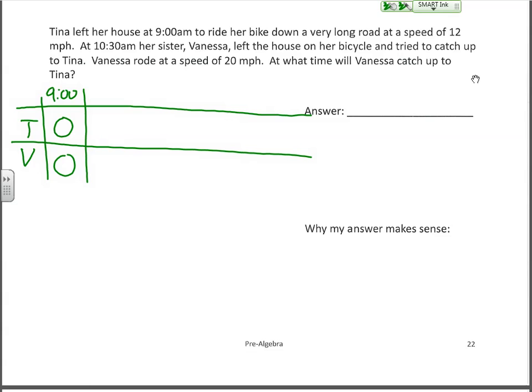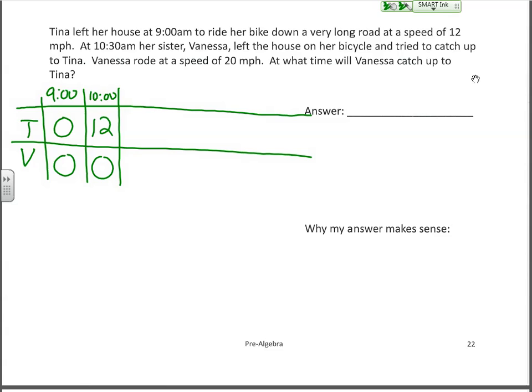But then at 10 a.m., how far has Tina gone? Well, if she's going at a speed of 12 miles per hour, again, we just got done talking about rates, then in that hour from 9 to 10, she went 12 miles. Makes sense. And Vanessa still hasn't left yet.